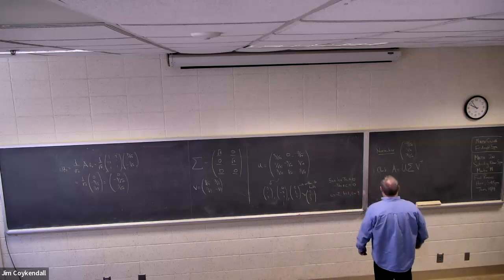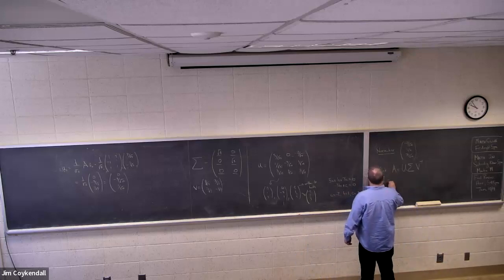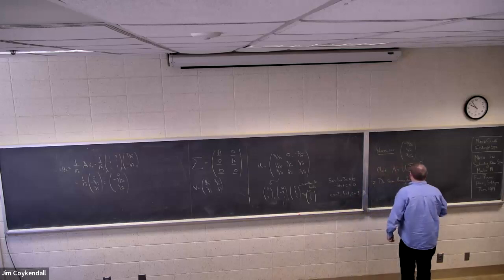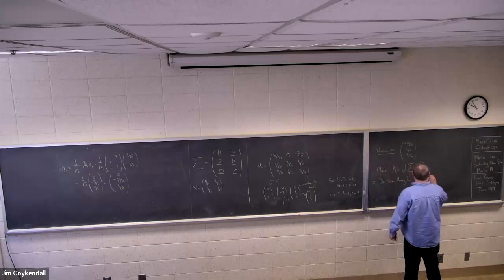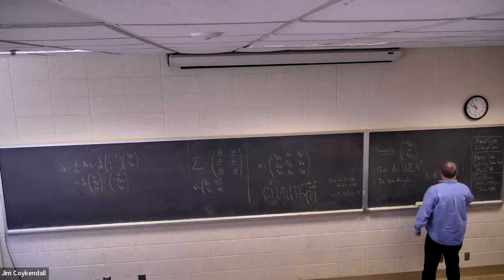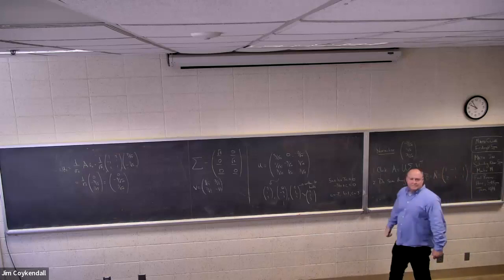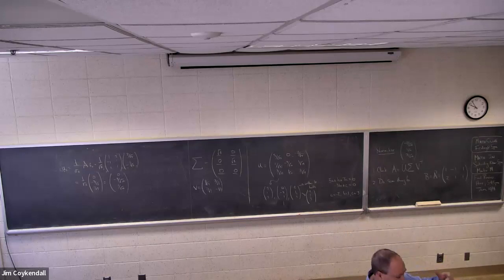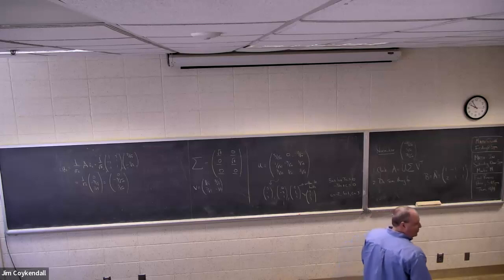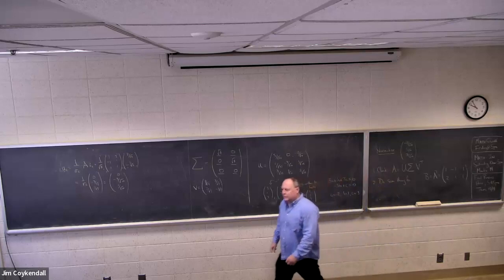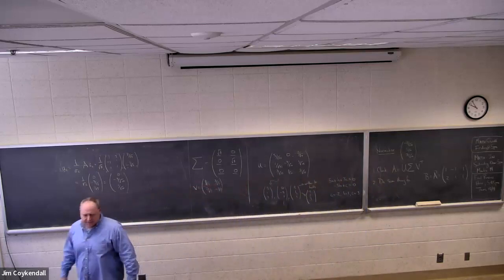And number two, work the same problem I did, but now instead of starting with A, remember we had A was 3 by 2, do the transpose of it, the 2 by 3 matrix, and see what you come up with. There should be familiar things coming up, and I think this will be good practice. Okay, any questions?